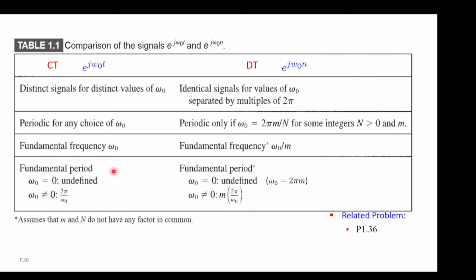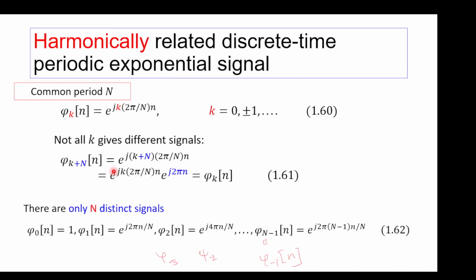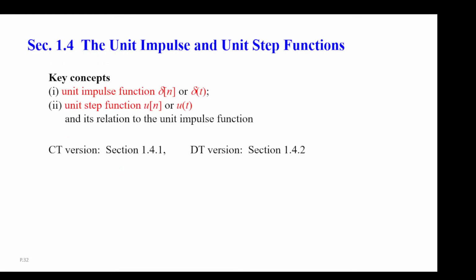Okay, so this is a very quick review of last time, and today we are going to a totally different topic. So let's not think too much about the review. The main point of today is the unit impulse function and the unit step function.